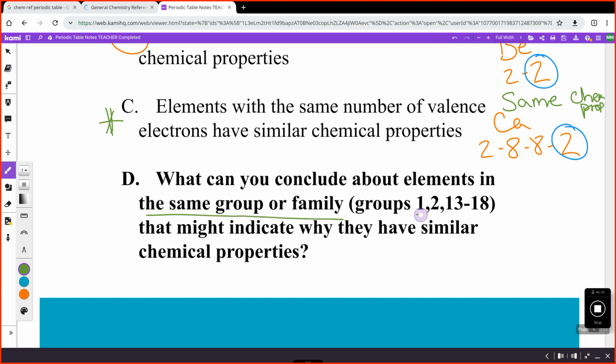Now we're only going to be looking at groups 1 and 2, and 13 through 18. We're not going to be looking at groups 3 to 12 because they do something different. So we're just going to look at the 2 main pillars on either side of the periodic table. What might indicate that they have similar chemical properties?